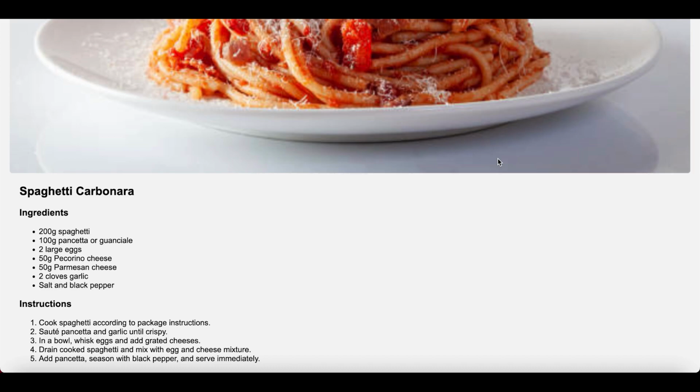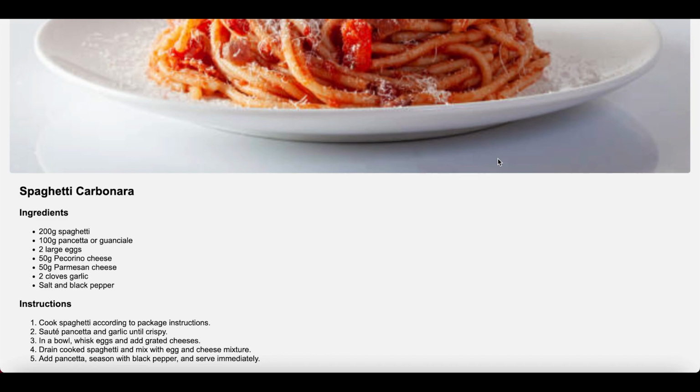They feature the same header, with an image displaying the dish, and a content division providing a structured presentation. The recipe name is emphasized using an H2 element with the class recipe name.